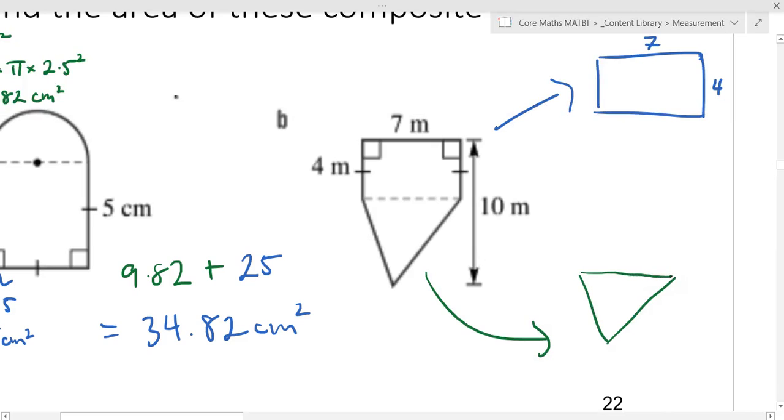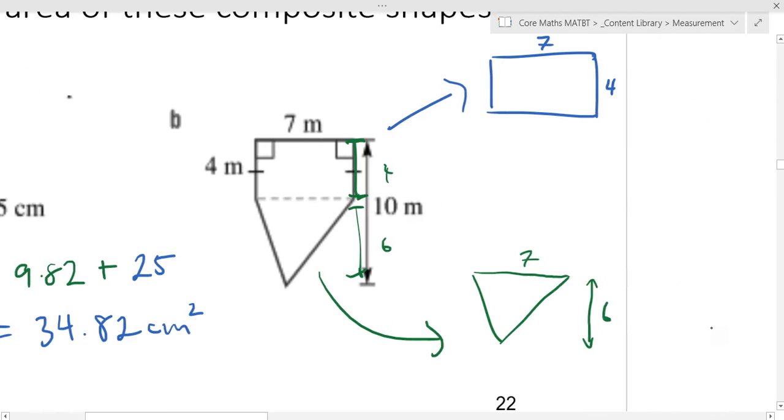I know that this length here has to be 7 because it's the same as this. Now the height here is a bit trickier, but shouldn't be impossible. I know that the whole thing is 10, and this section here is 4. That means the remainder here should be 6.